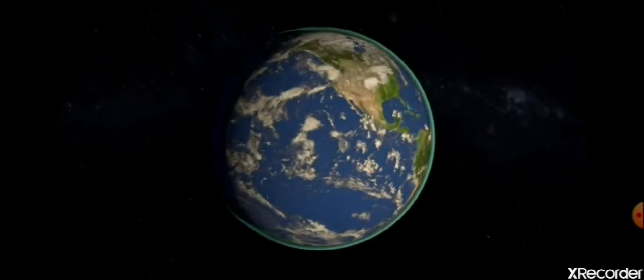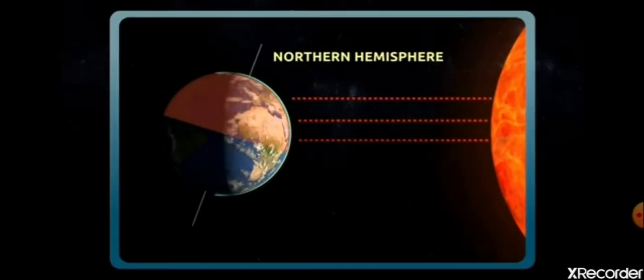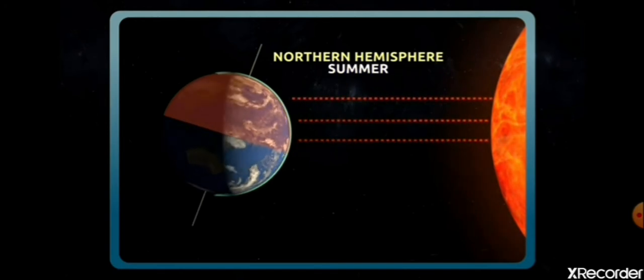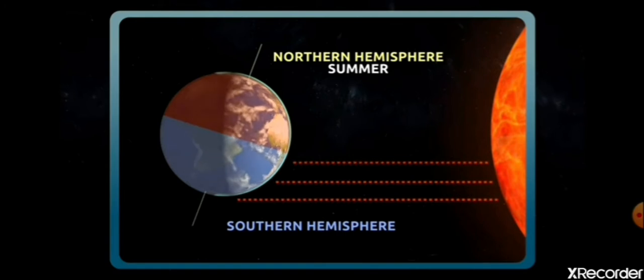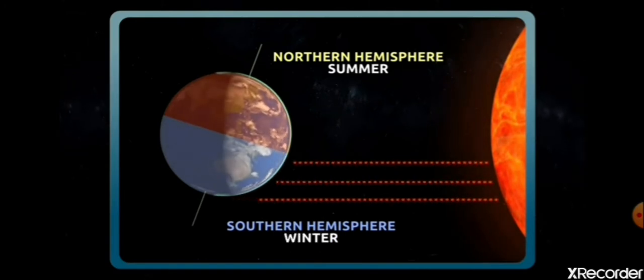The more the hemisphere is inclined towards the sun, the more directly the sunlight reaches the Earth's surface. It's warmer, and that's why it's summertime. By contrast, the other hemisphere is less inclined, so sunlight is less direct. That's why it's colder, and it's wintertime.